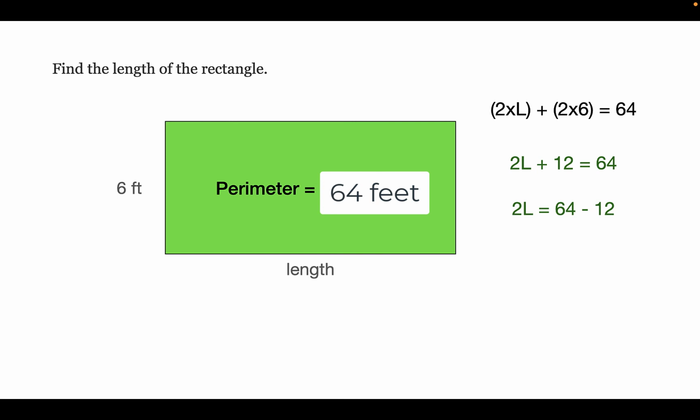So now we need to get L by itself and divide by 2. So length is going to equal 52 divided by 2. Our length is 26 feet.